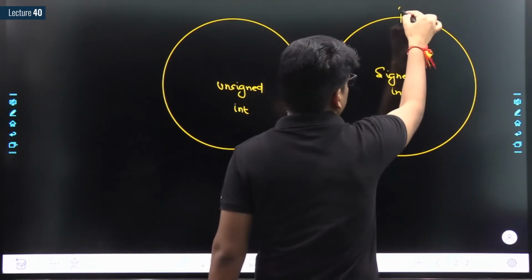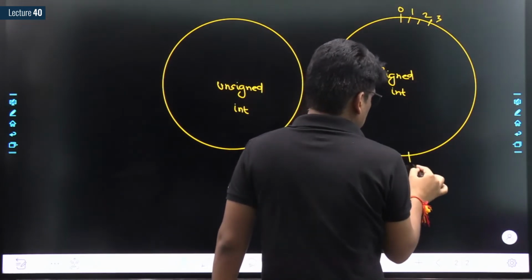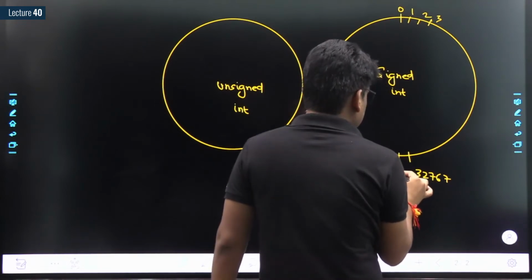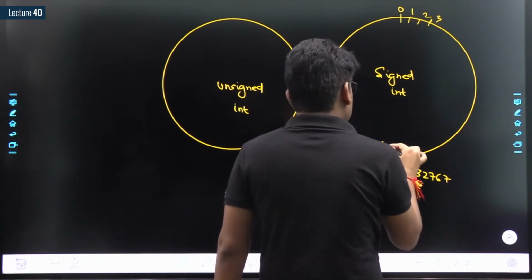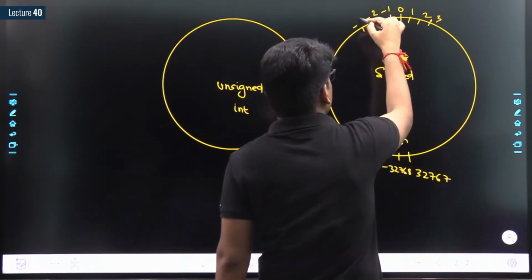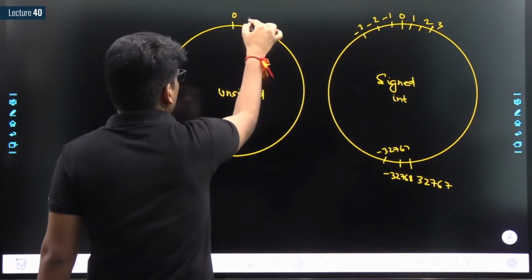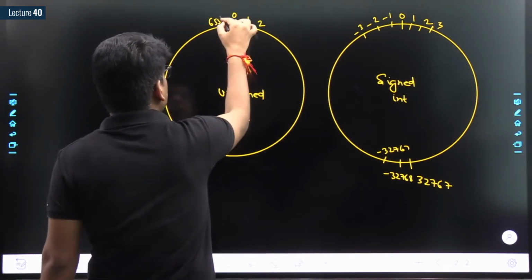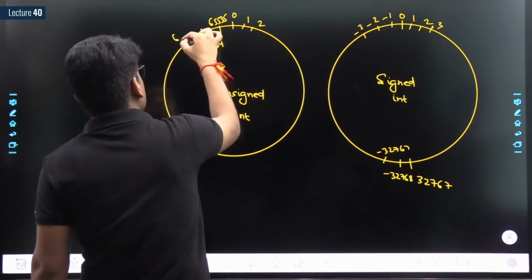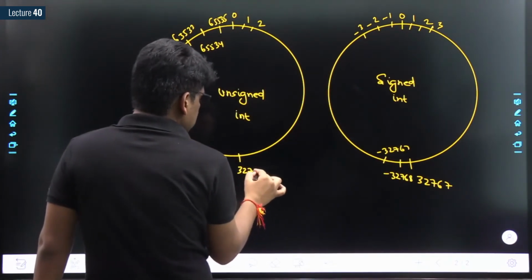We start from 0, 1, 2, 3 and so on, up to 32767, then -32768, -32767, and then back to -1, -2, -3. For positive numbers we move like this: 0, 1, 2, and so on, up to 65535 for unsigned, and then 32767, 32768 in the middle.